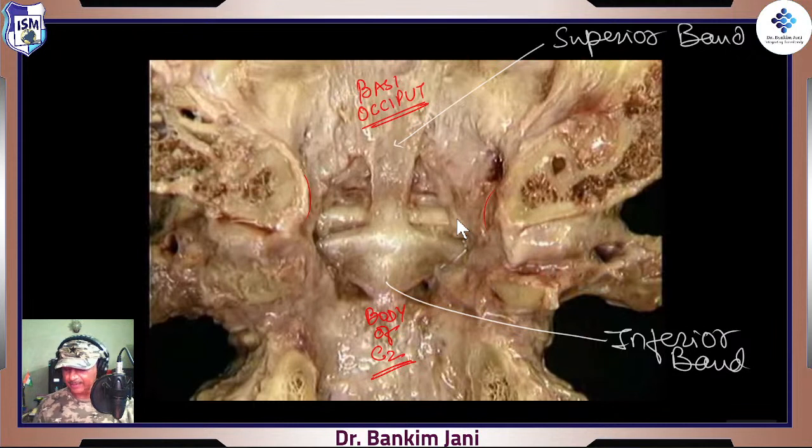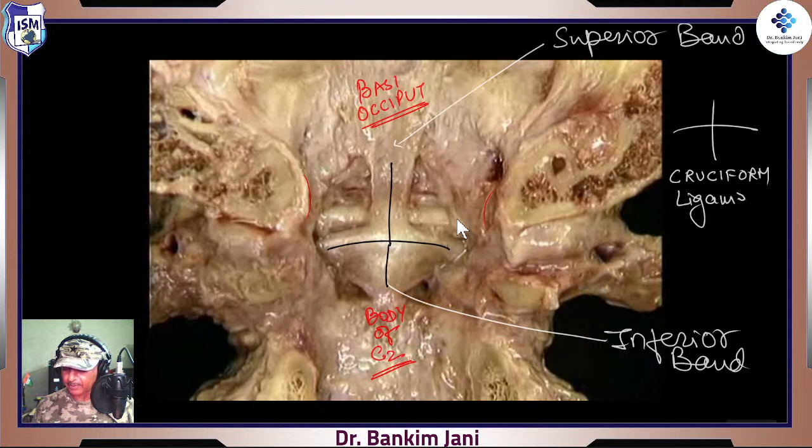So it will go over there. Thus we have the transverse ligament, superior band and inferior band, and collectively this is called the cruciform ligament. Like a cross, so it is called cruciform ligament. Superior band to base of occiput, inferior band to body of axis, and the transverse ligament.